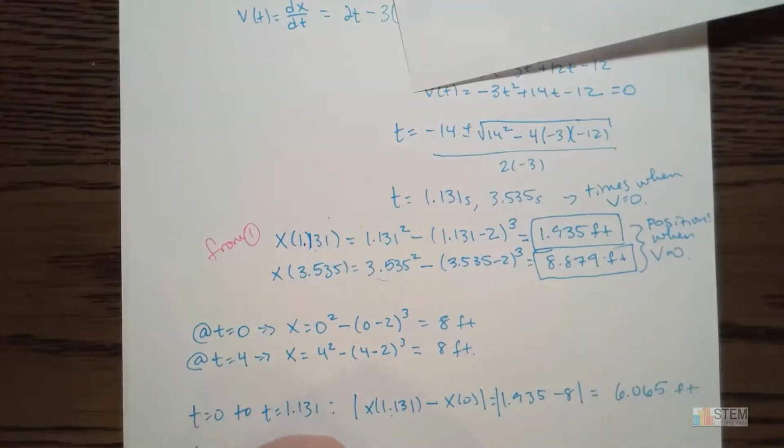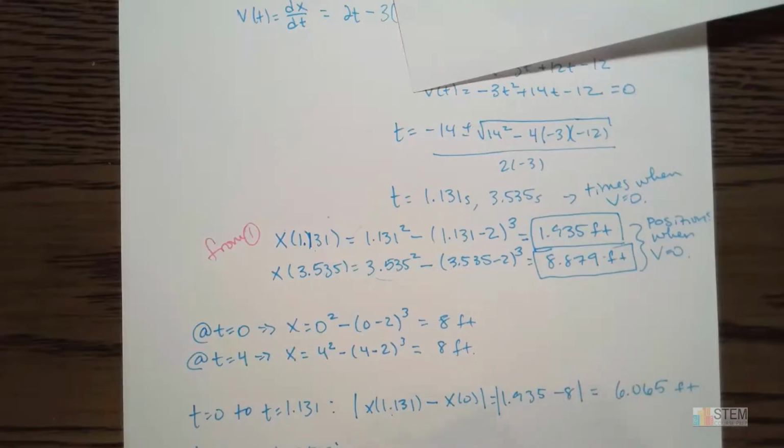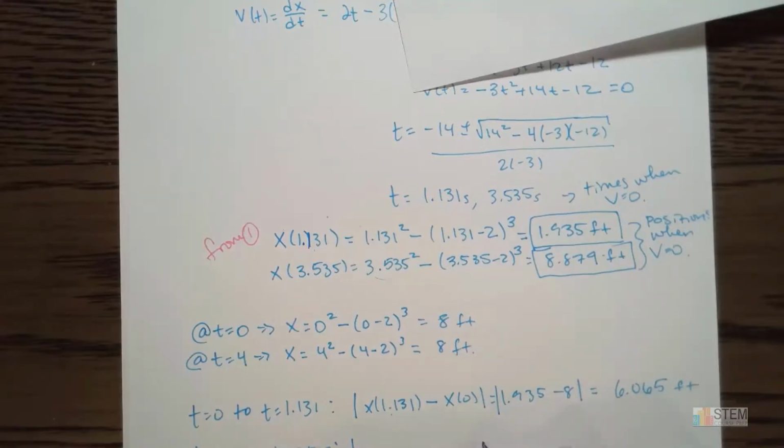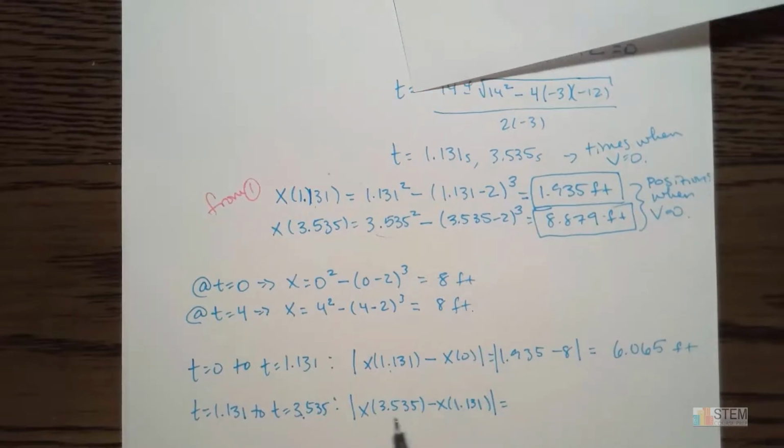And then now let's do the second one. So now t is going to go from 1.131 to t equals 3.535. Again, we don't care about the sign, so let's just do the absolute value. And now let's do x of 3.535 minus x at t equals 1.131. Okay, and we've already got these values solved for. So this one at 3.535 is the 8.879.